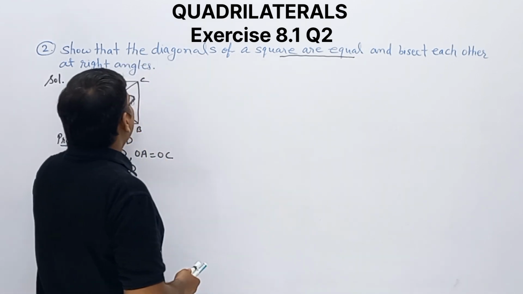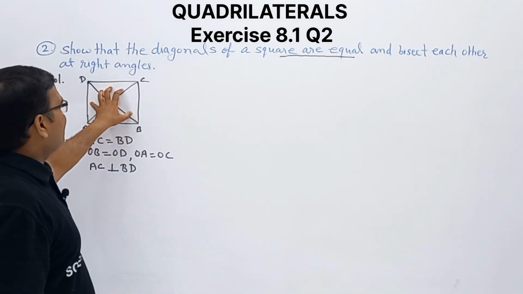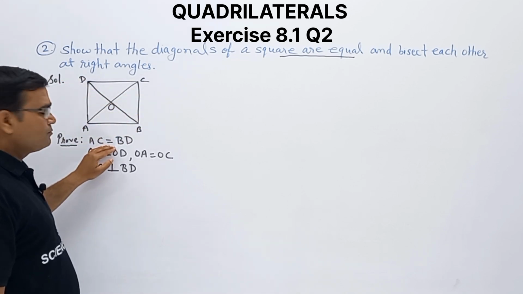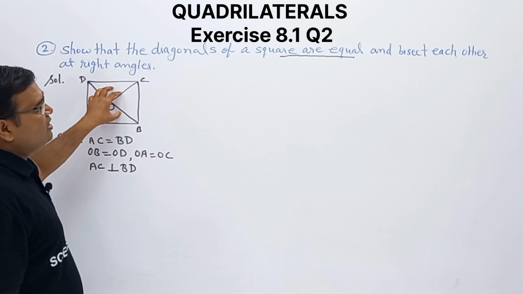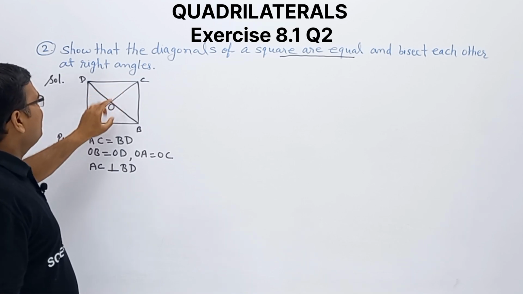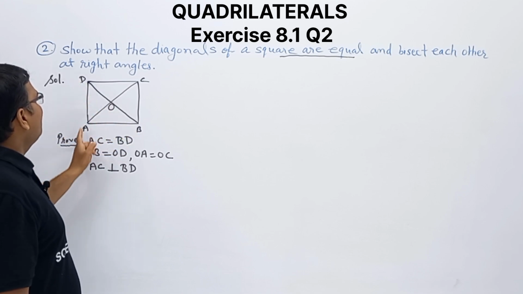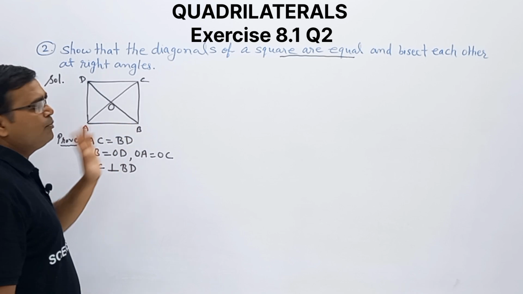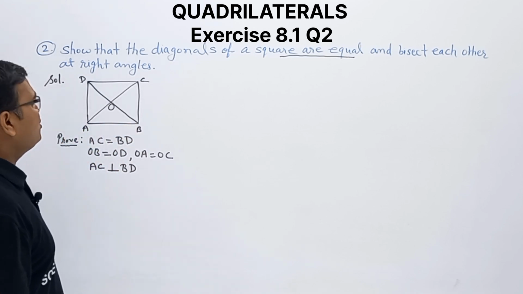We want to show that diagonals of a square are equal, AC and BD are equal, and they are bisecting each other at right angle. Bisecting means OB equal to OD, OA equal to OC, and AC is perpendicular to BD. These things we want to prove in this question.